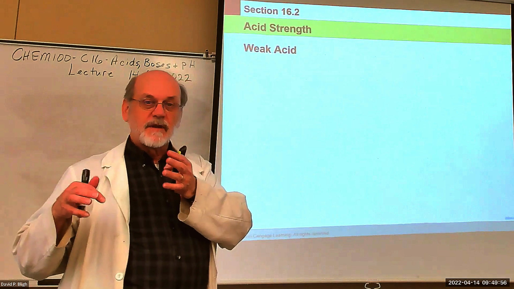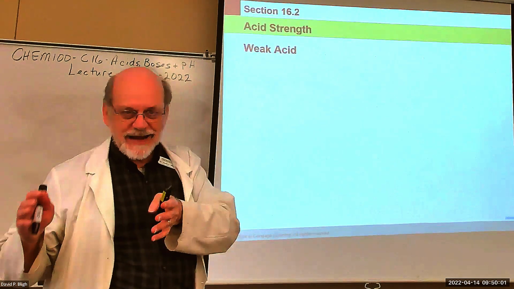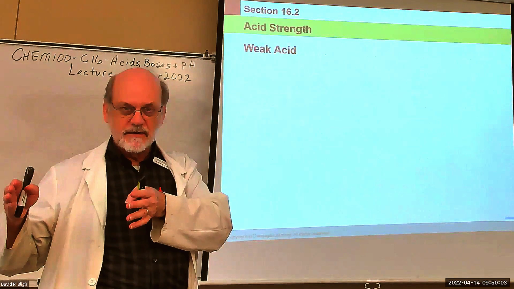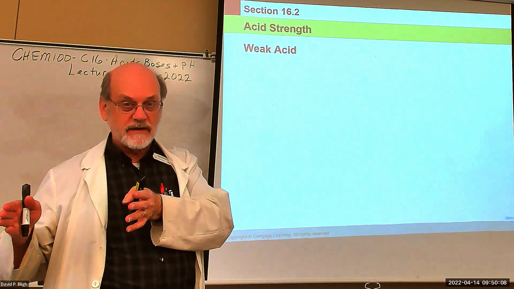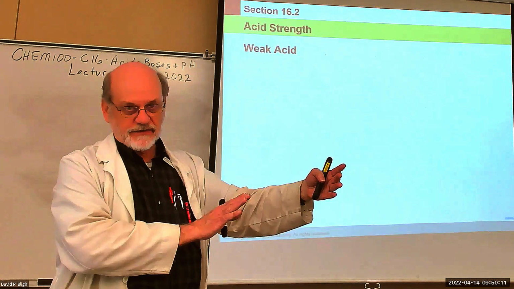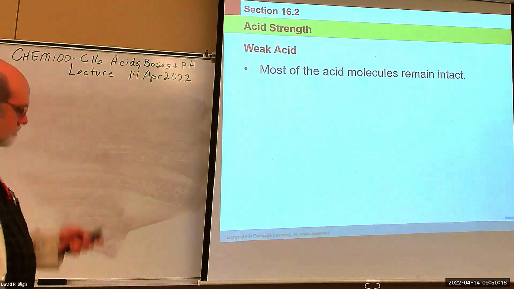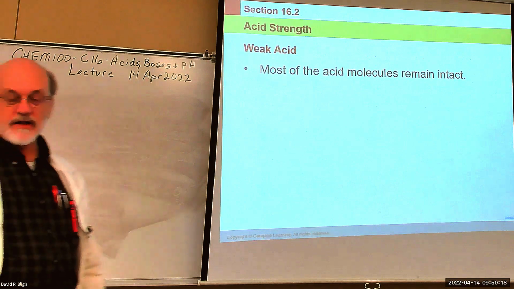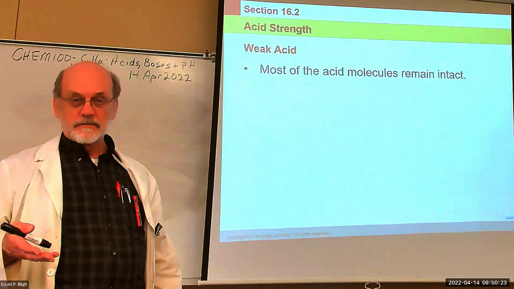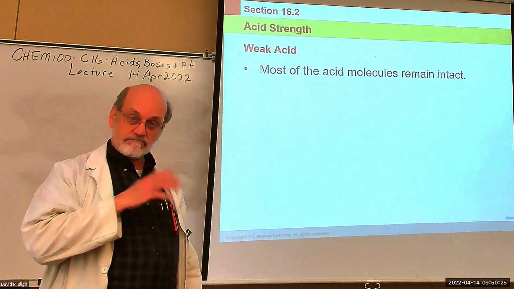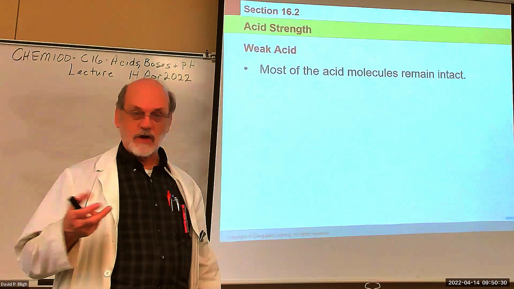And also, the undissociated acid in an aqueous solution on the reactant side is mostly where it's located, with very little on the product side. That's a weak acid. Most of the acid molecules remain intact. Example, the acetic acid molecule. When you put it in solution, most of it stays as the acetic acid molecule, undissociated.